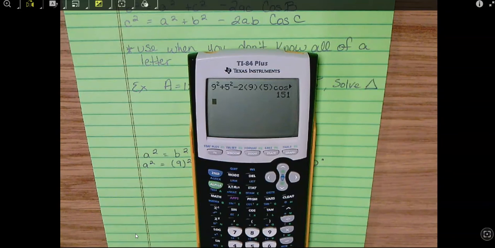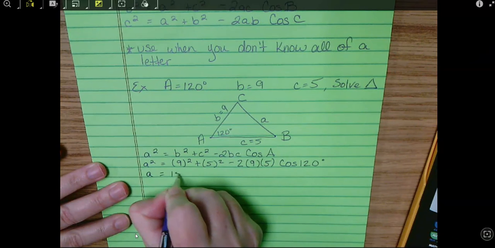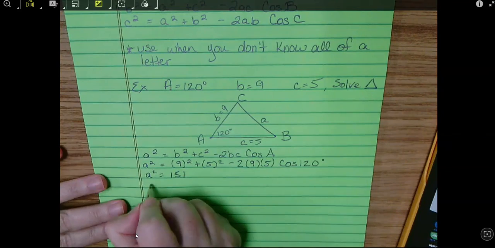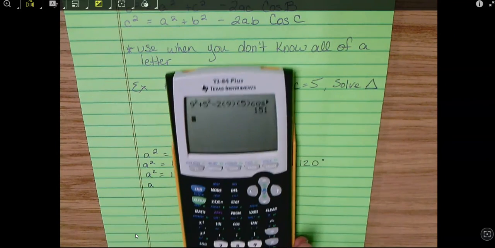Hit enter. This is where you want to be careful, because a squared equals 151, but I'm not looking for a squared. I'm looking for a.